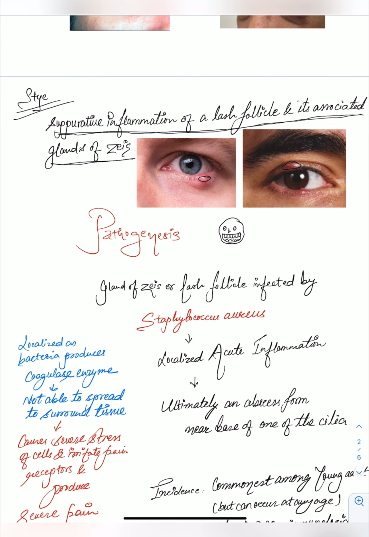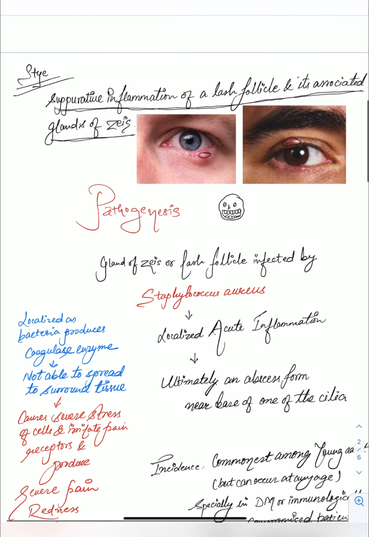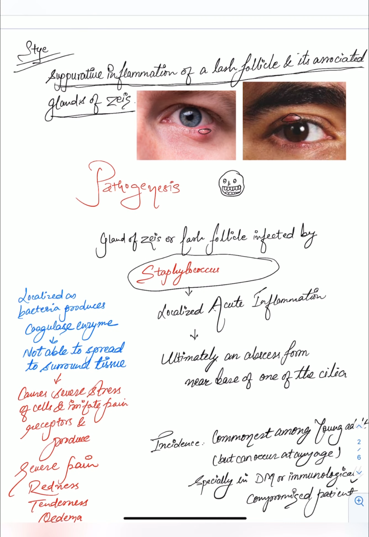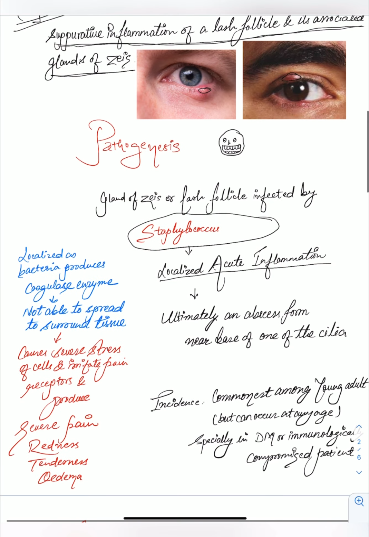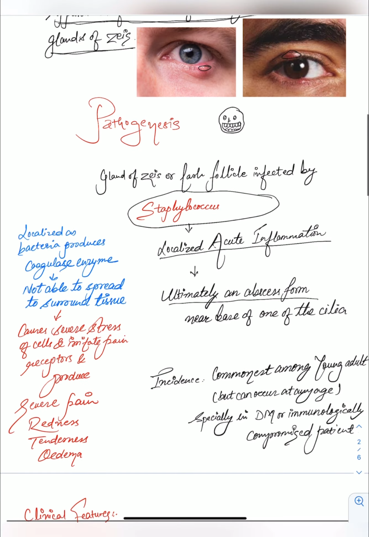The gland or eyelash follicle is infected by Staphylococcus aureus, or any Staphylococcus species. Then it causes localized acute inflammation, which ultimately causes an abscess, and this abscess is formed near the base of the cilia.